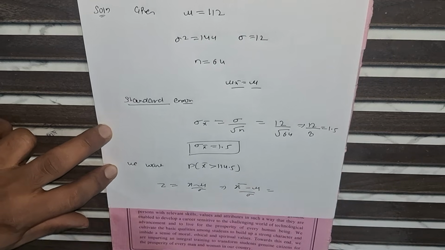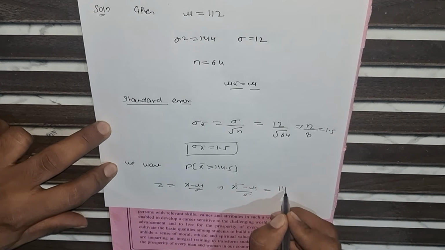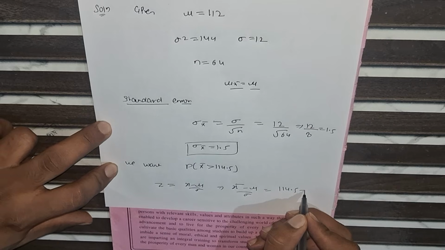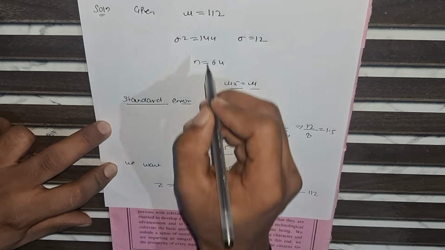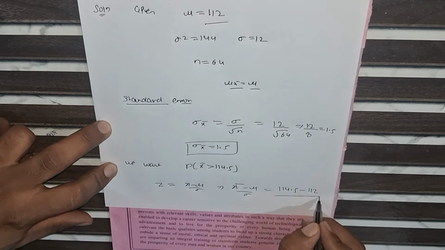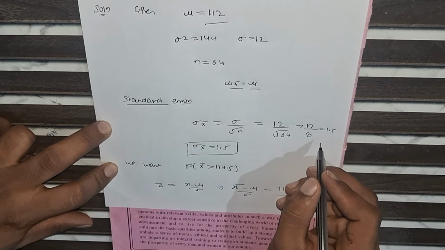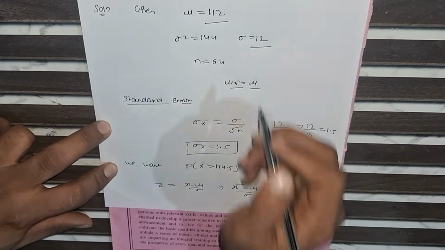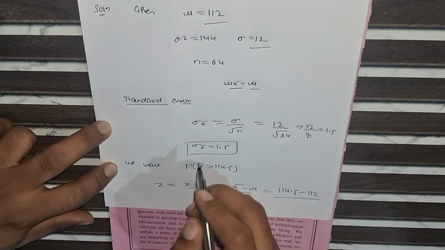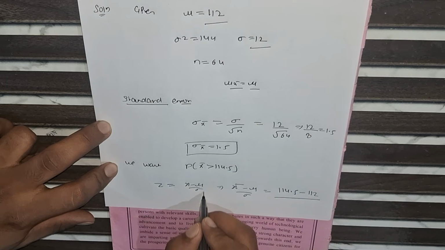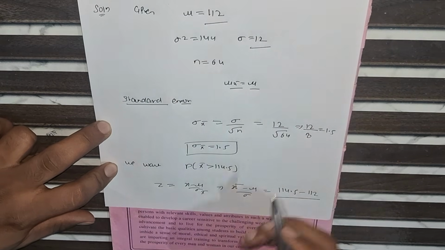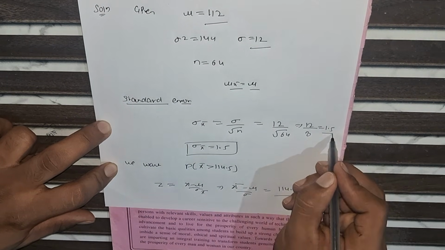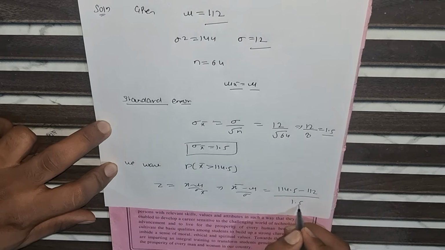So what is the value of x bar? 114.5, minus the mu value, which is 112, and divided by sigma. So here this is not sigma, we are finding for x bar, that's why we are using sigma of x bar, which is equal to 1.5.